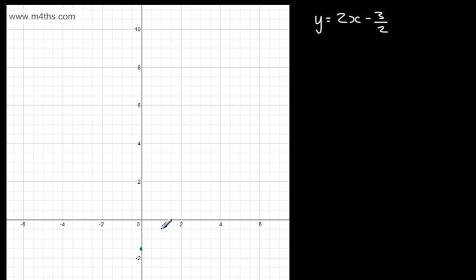Let's just check that I get the right scale. So this is going to go up 2. So on the next one, we're going to have 1 and then a half. Let's put that on. That looks to be about there. Then on the next one, we're going to have 2, which is going to give me 3.5, which is about there. So that gives me my line.